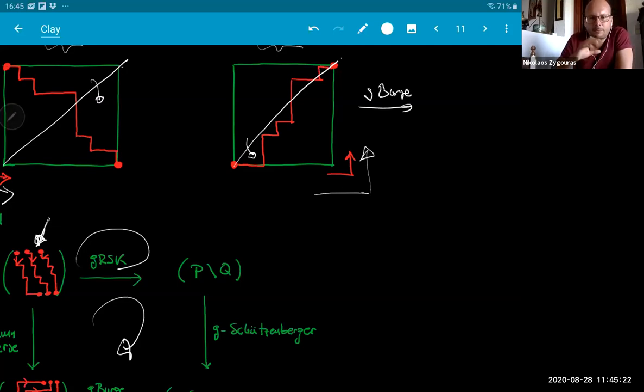And I have all the elements for the geometric RSK to describe the law of these paths, going up and right paths. So viewed from the lens of geometric RSK correspondence in a symmetric environment, I can describe this partition function. And then I get the same formula that I had for the Laplace transform in terms of a single Whittaker function that I was recovering from the geometric RSK correspondence in a symmetric environment.